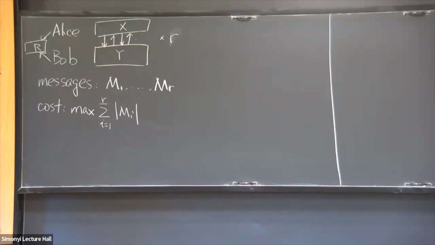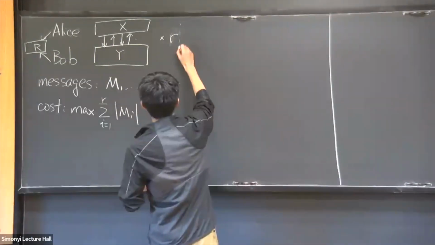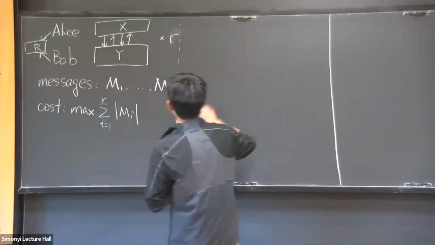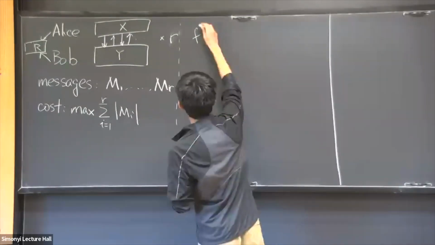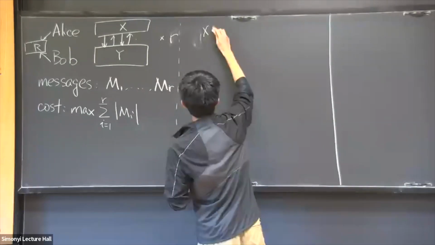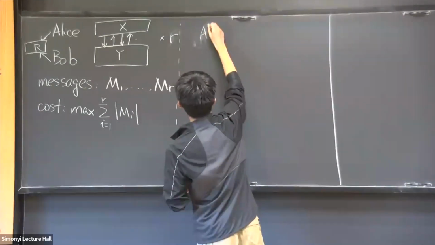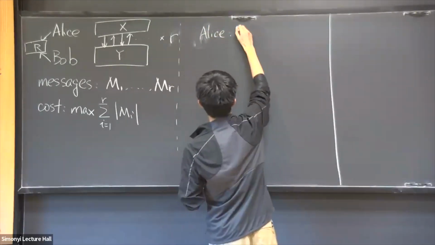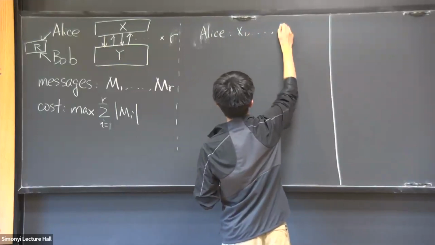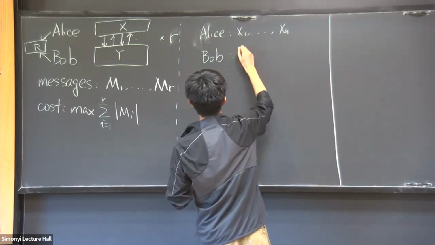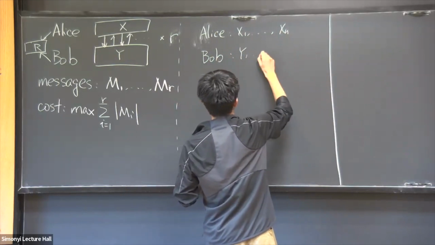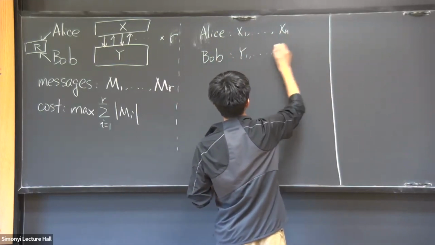So what is the XOR function? We simply generate n input pairs. We give Alice all the X side, so X1 up to Xn, and we give Bob all the Y side, Y1 up to Yn.